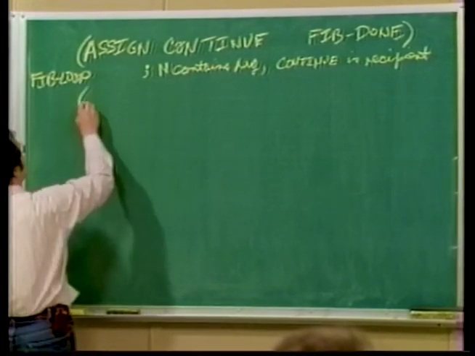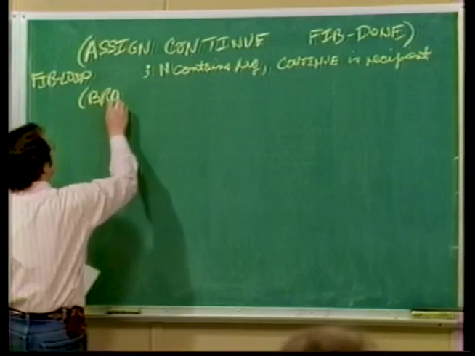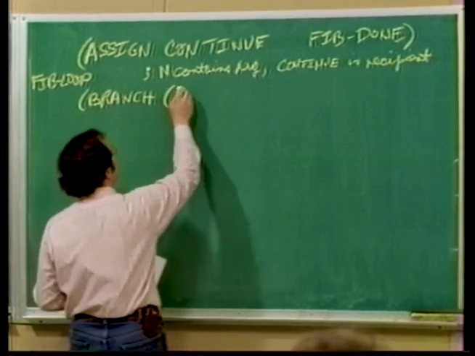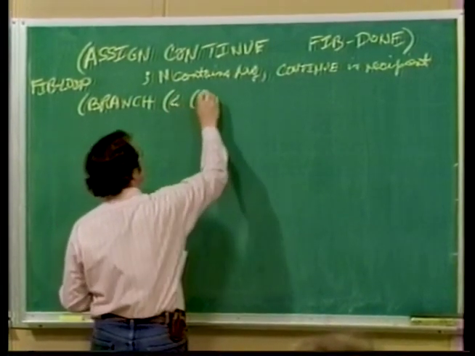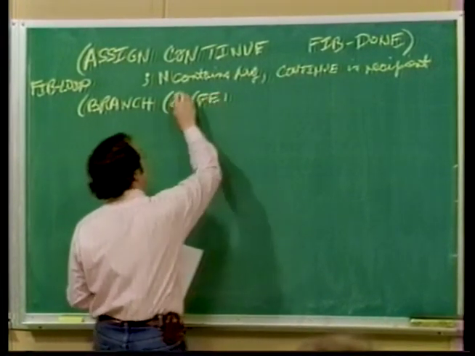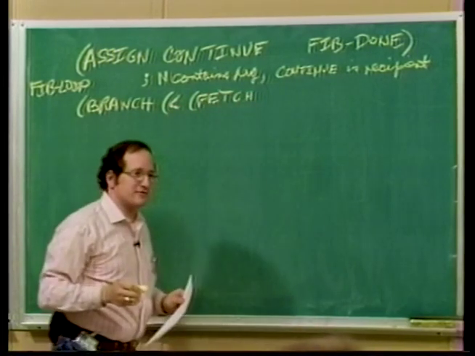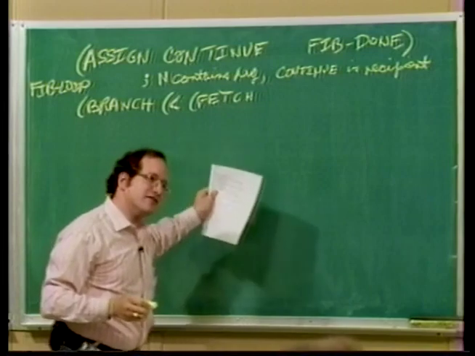Now, the next thing I want to do is to branch. And if n is less than 2, by the way, I'm using what looks like Lisp syntax. This is not Lisp. This does not run. What I'm writing here does not run as a simple Lisp program. This is a representation of another language.